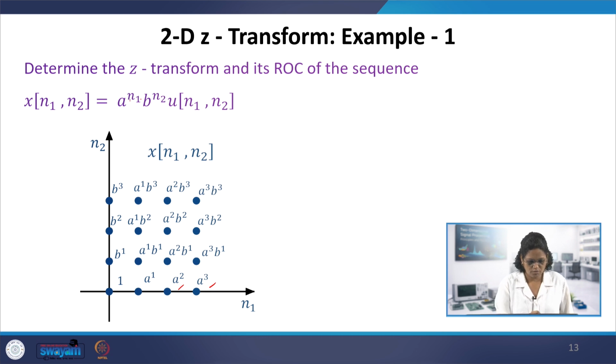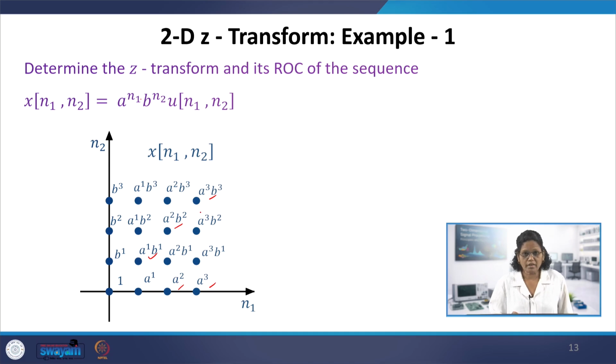For other values, if both are 1, this represents ab; both 2, a square b square; both 3, a cube b cube. The rest are as follows: a square b, a cube b, and then a cube b square, a square b cube, a b cube, and so on. So we get the sequence. This is the x of n1, n2 sequence.